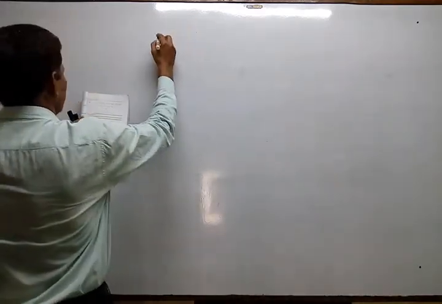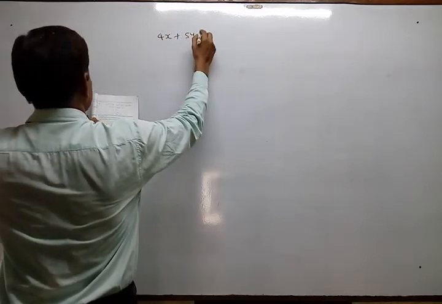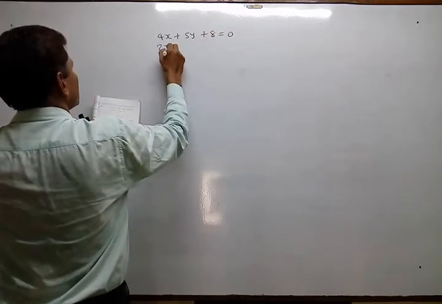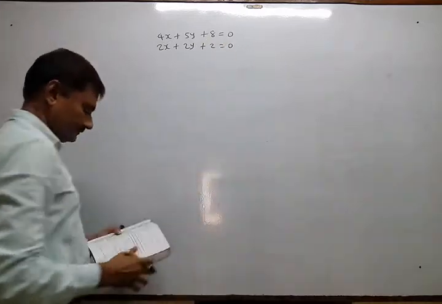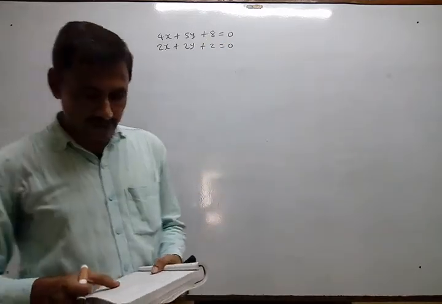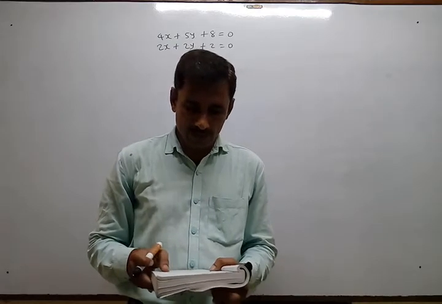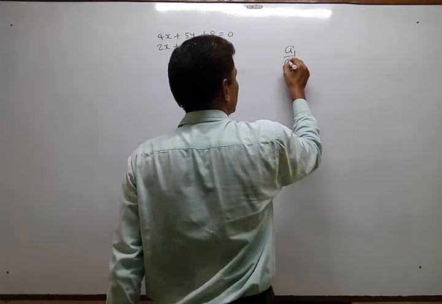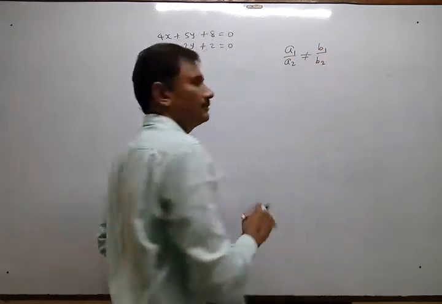First of all, the equations are given: 4x + 5y + 8 = 0 and 2x + 2y + 2 = 0. They ask, for which value of p does the pair of equations given below have a unique solution? So you know the unique solution condition: a1 upon a2 is not equal to b1 upon b2.